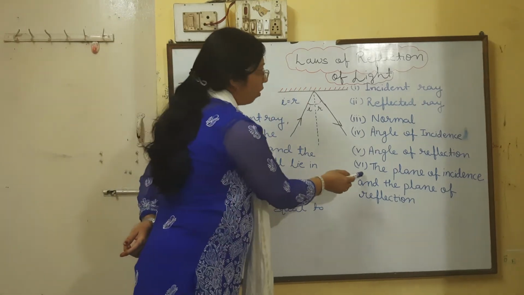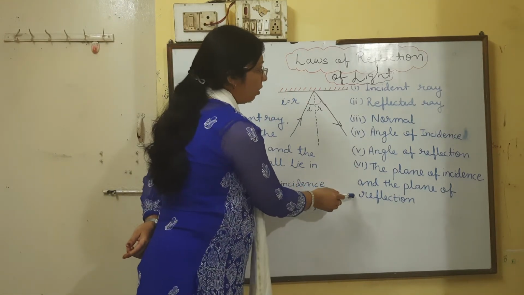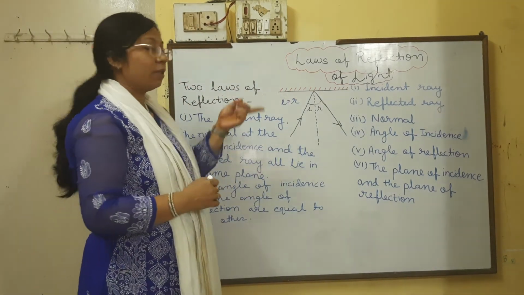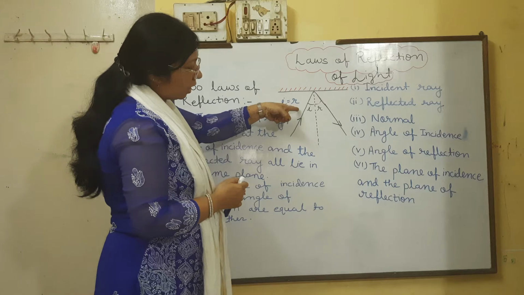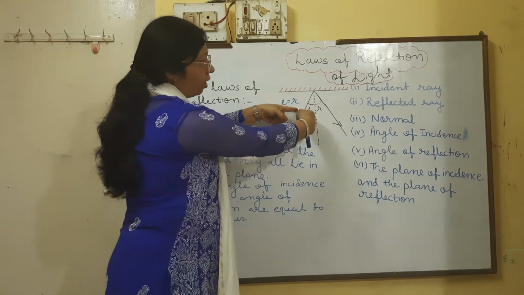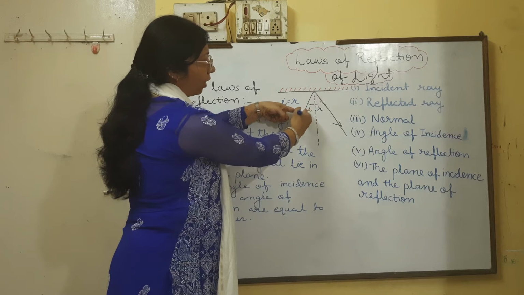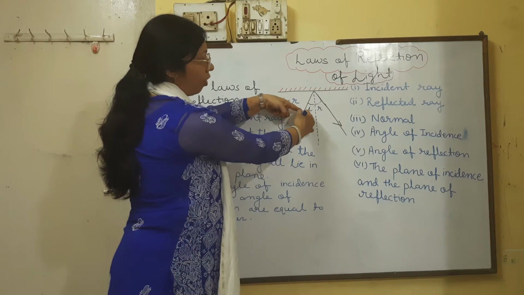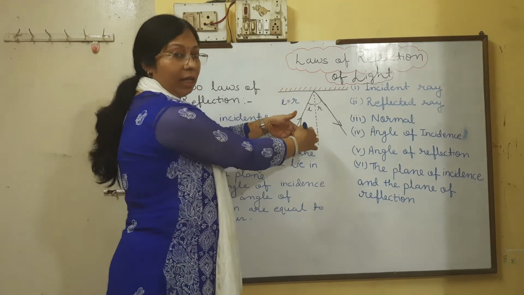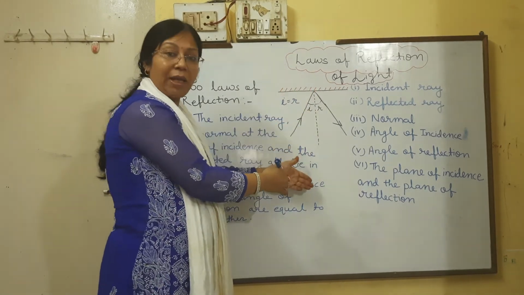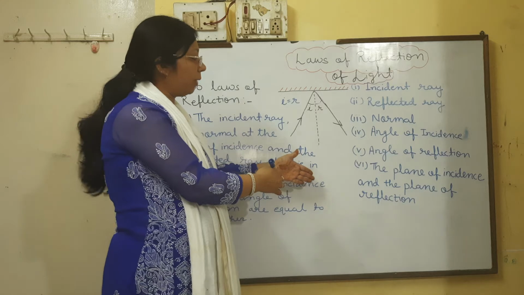The plane of incidence and the plane of reflection. Suppose this finger is the incident ray and this one is the reflected ray, and in between the incident ray and reflected ray my plane is the normal. So all these three lines or rays are in the same plane, in the same perpendicular plane.